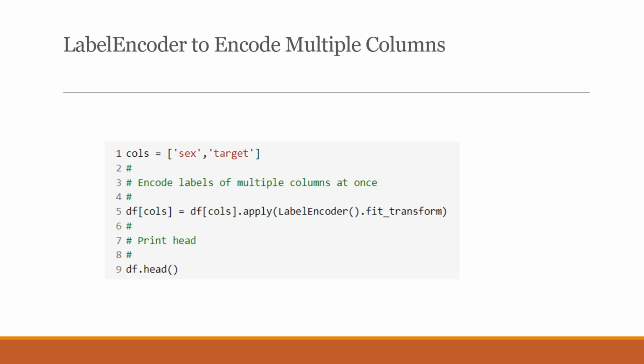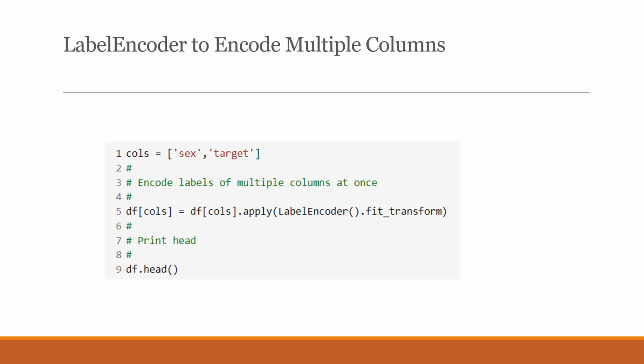In this case, the function being applied is LabelEncoder().fit_transform, which creates an instance of LabelEncoder and fits it to the data in the specified columns, then transforms that data into encoded labels. The fourth line of code assigns the encoded data back to the original columns in the data frame.